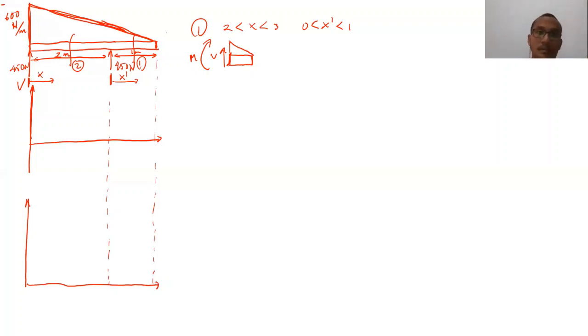Okay, but in order to solve this, we have to know the equation of this particular distributed force. At the left side, what is the value of the distributed force at this particular side?